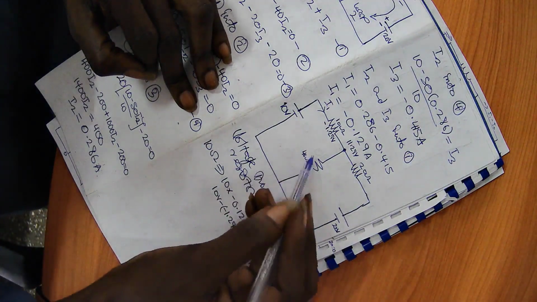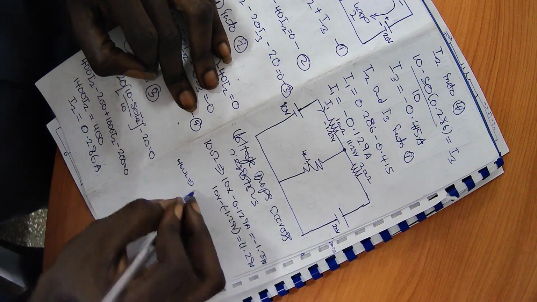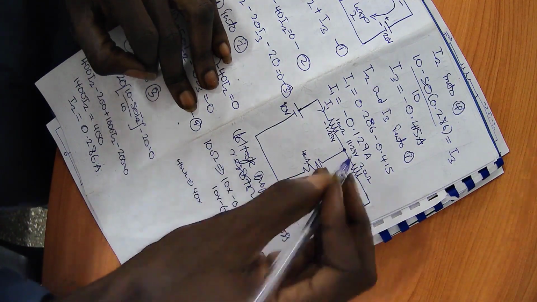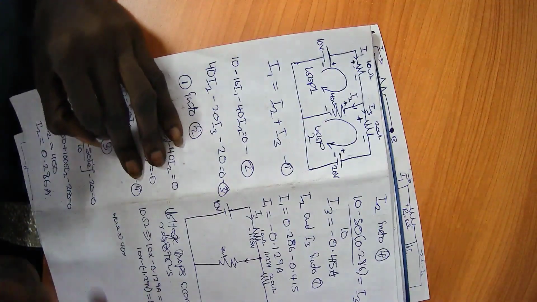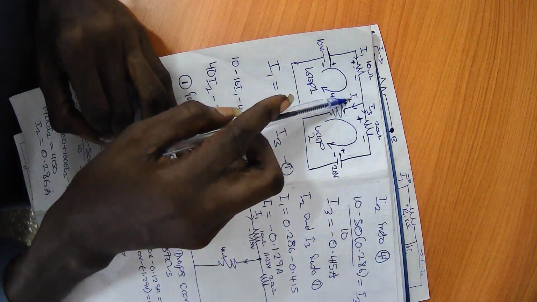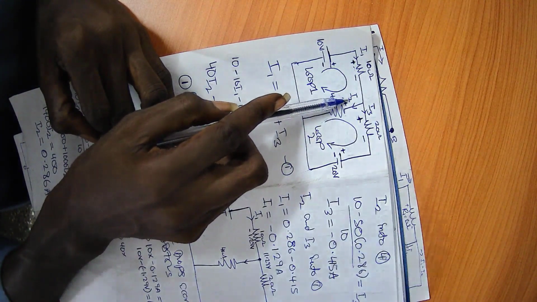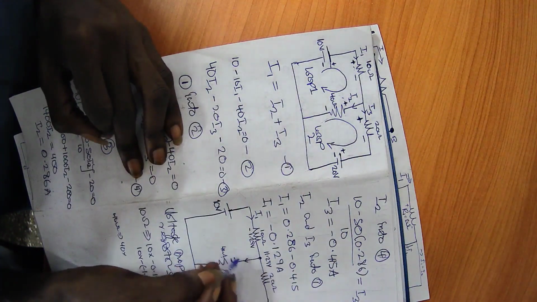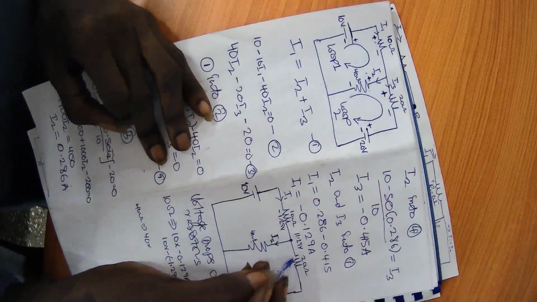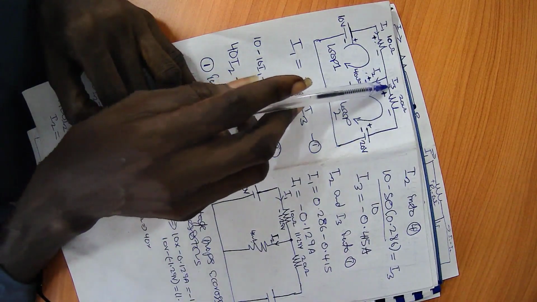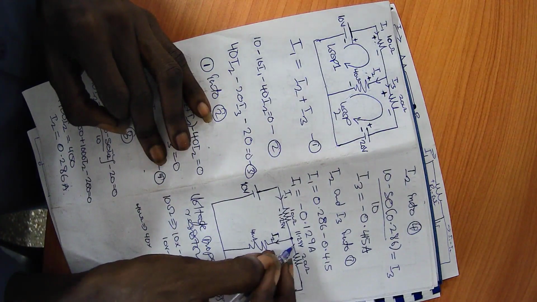So now let's find the voltage across the 40 ohm resistor. The current here is I2, so I'll write I2 here. And this one is I3.